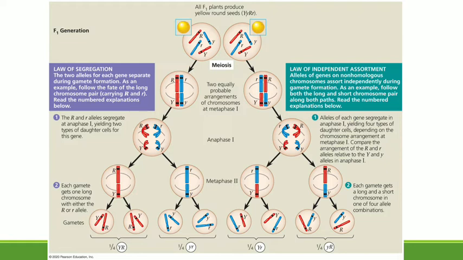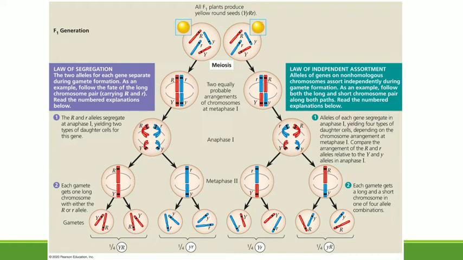If by chance the tetrads are aligned like this, where the maternal and paternal chromosomes are not facing the same direction, then when they get split up in meiosis 1, and then again in meiosis 2, sister chromatids separate, then the gametes get one of each of the chromosomes, a dominant and a recessive, in its gamete.